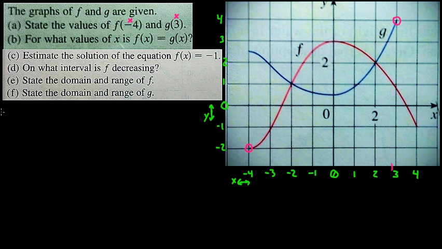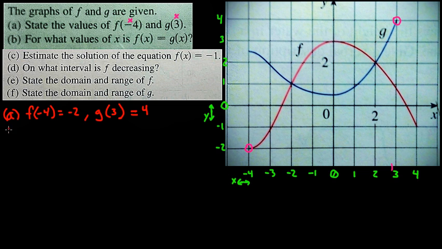So for A, f of negative 4 is going to be negative 2, and g of 3 is going to be equal to 4, right up here.